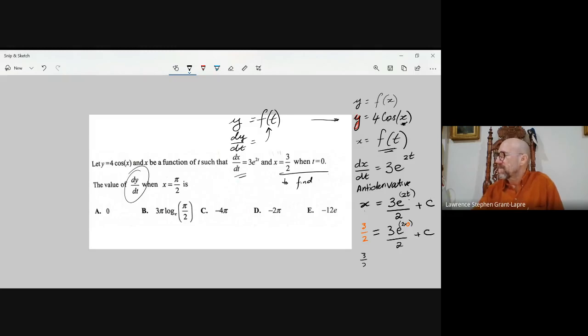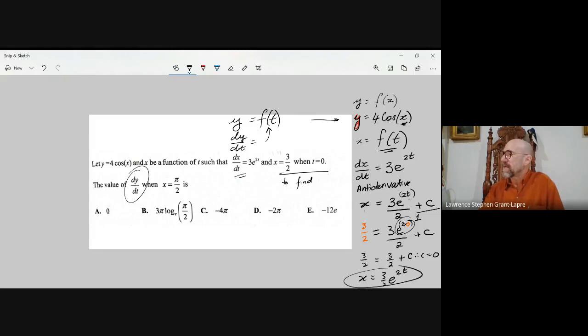Now e to the power of 0 is 1, so that's 3 over 2 plus c, therefore c equals 0. So we've got our formula for x. x is simply 3/2 e to the power of 2t, no plus 0. So we don't have to worry about plus c now.